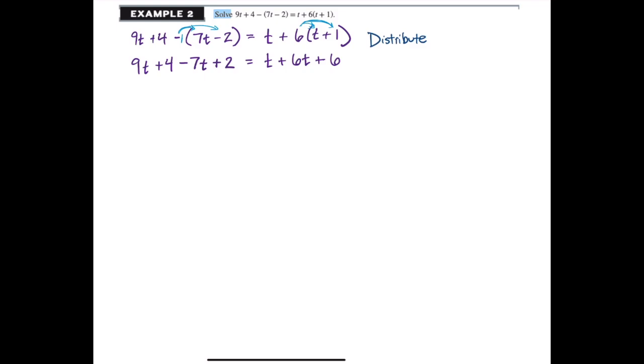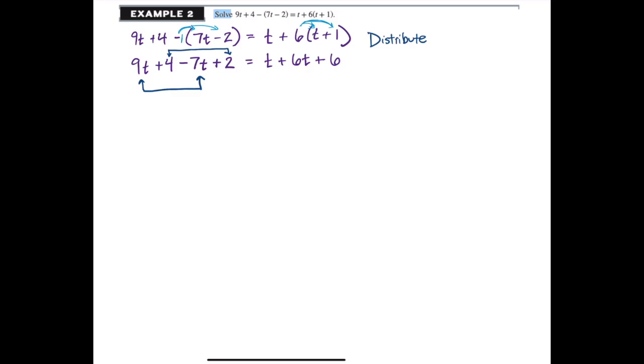So I want to combine the 9t. So we have like 9t minus 7t. And what else are like terms on the left side of the equation? We also have this 4 and this 2.